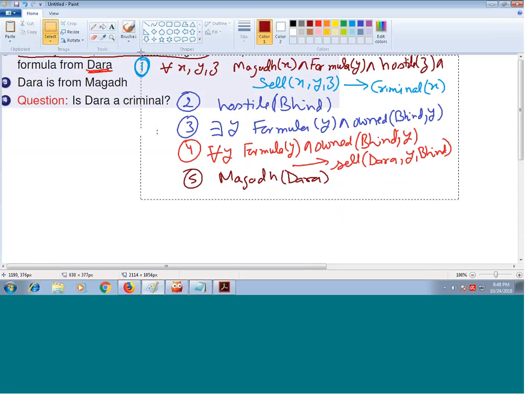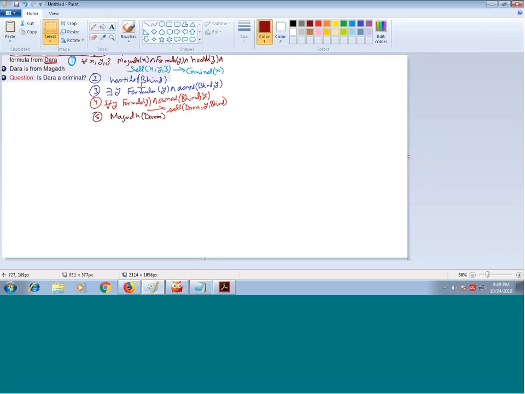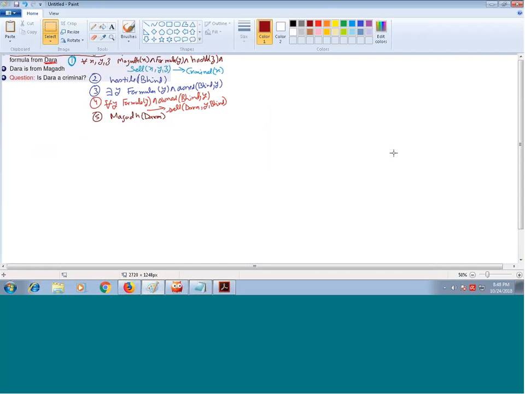Let me make it bigger. Let's try to see what logic I can apply. To apply the logic means to find out some inference. I'm going to do it in this way.